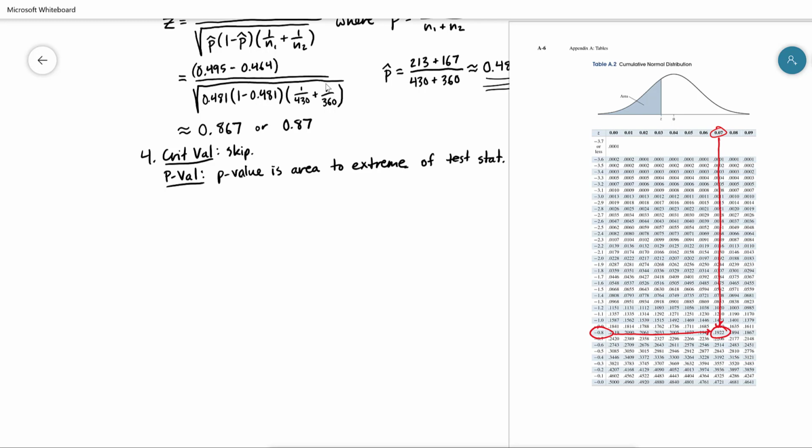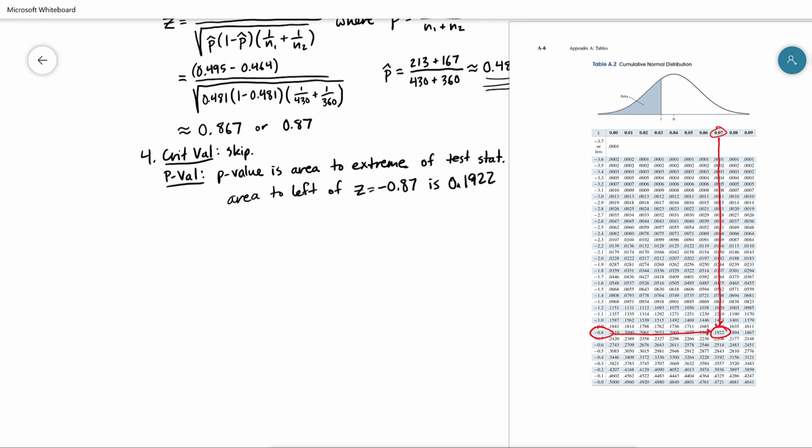So in this case, the area to the left of z equals negative 0.87 is 0.1922.